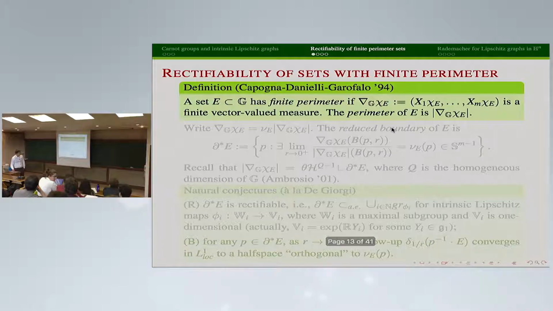Okay, so let me come to the first of the two rectifiability type issues I want to discuss. The first one is related to the problem of the rectifiability of sets with finite perimeter.